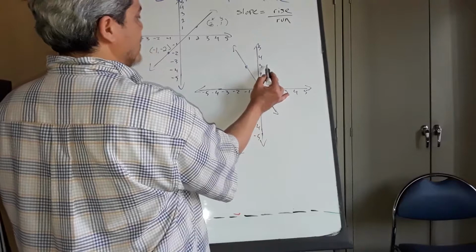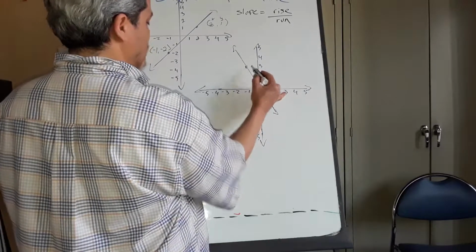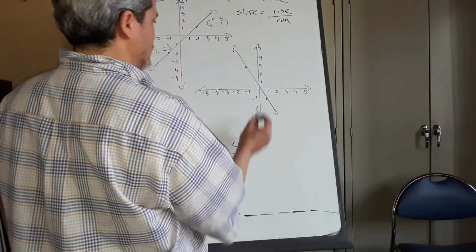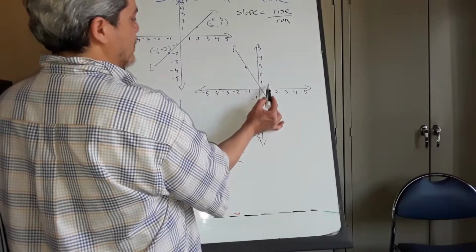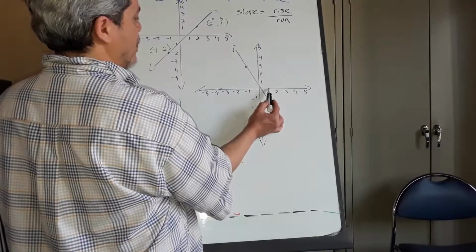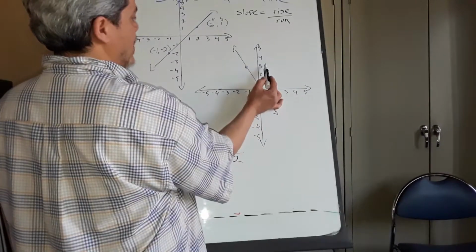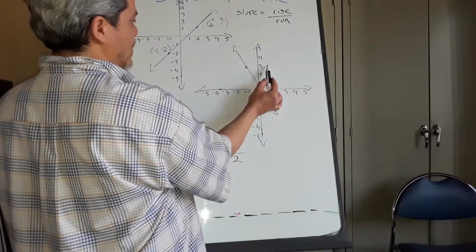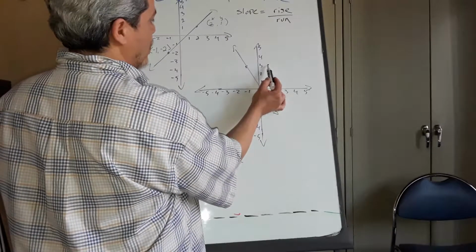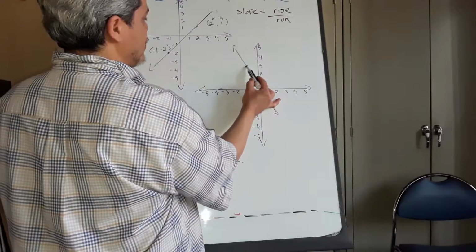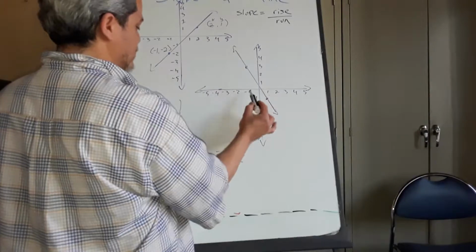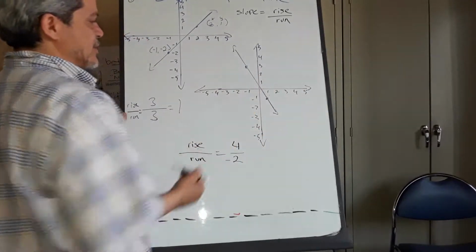We're at 1, so that's 1, 2, -2, because we're at -1. It's negative because we're going to the left.